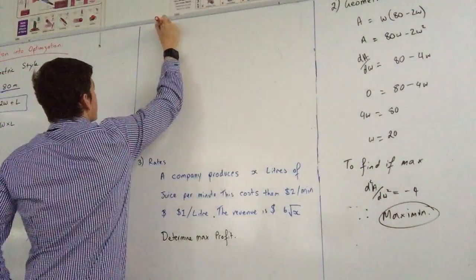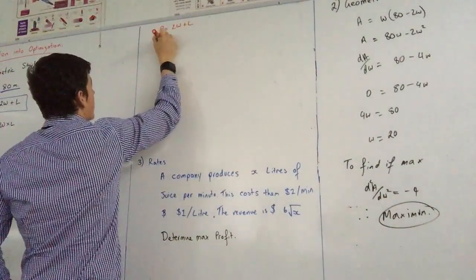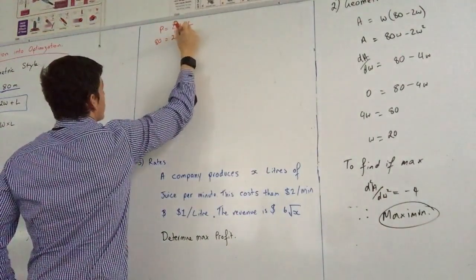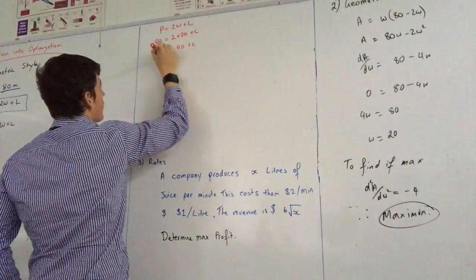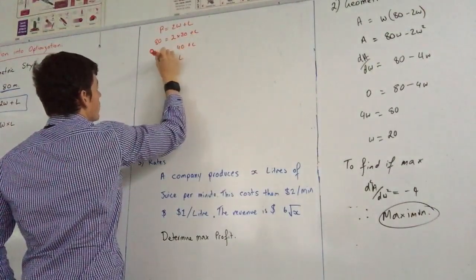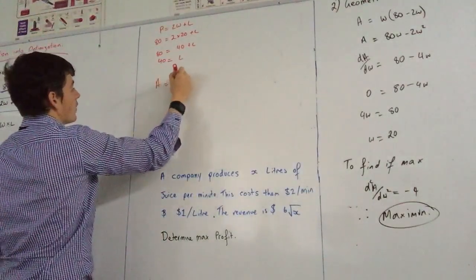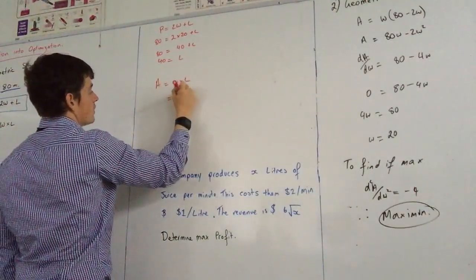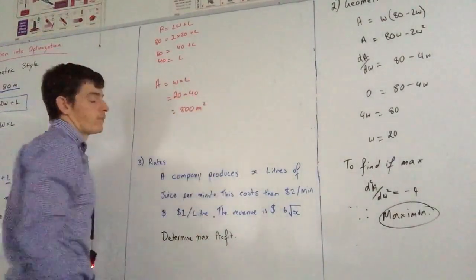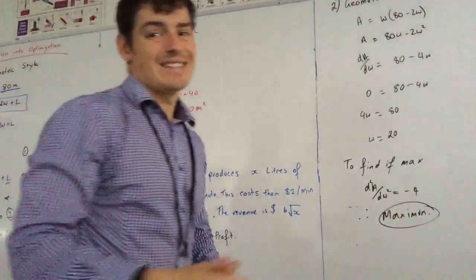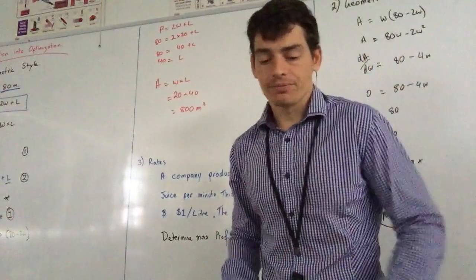So I know that perimeter equals 2W plus L. I know that's 80 equals 2 times 20 plus L. 40 plus L equals 80. L equals 40. And now I know my area. Area equals width times length, which equals 20 times 40, which equals 800 metres squared. Obviously, that is the max area the farmer can create with that type of fence.